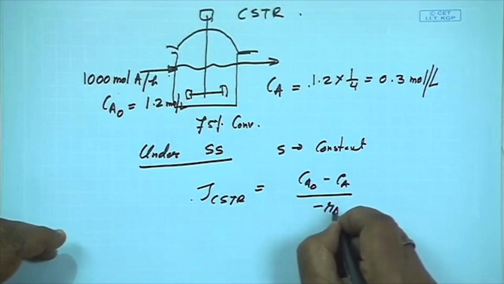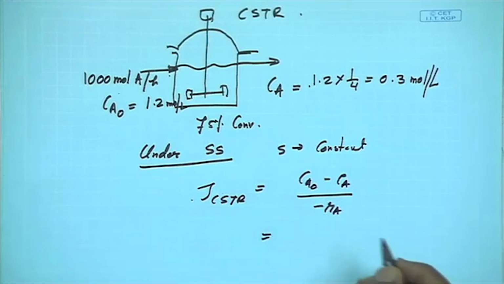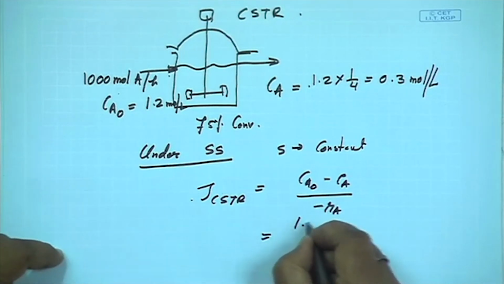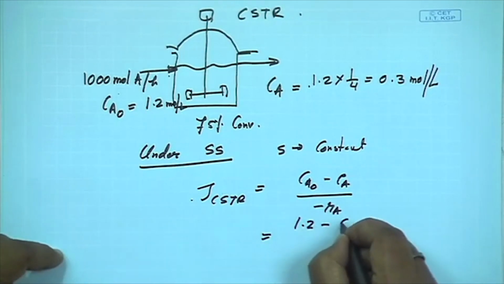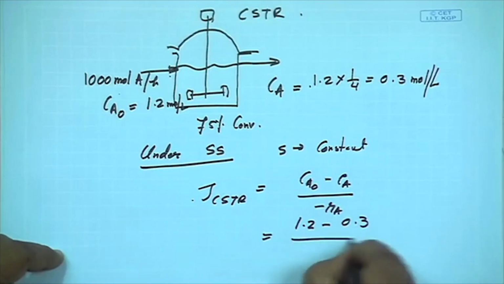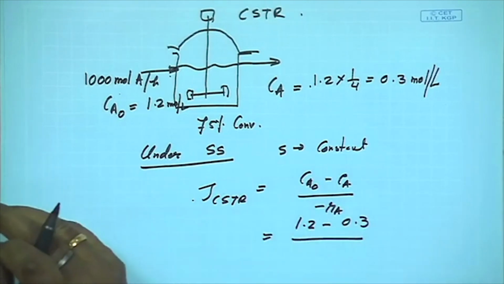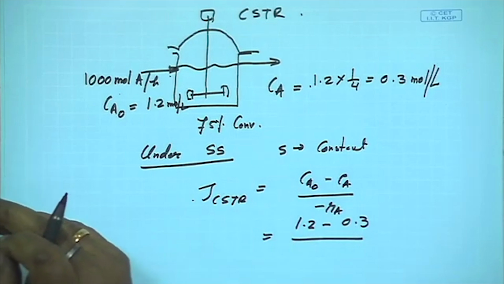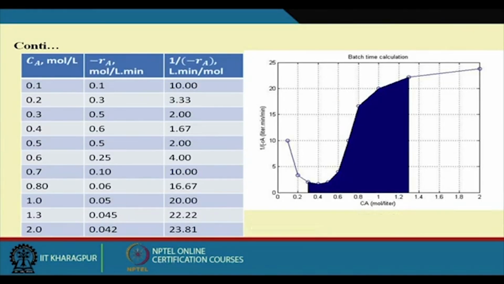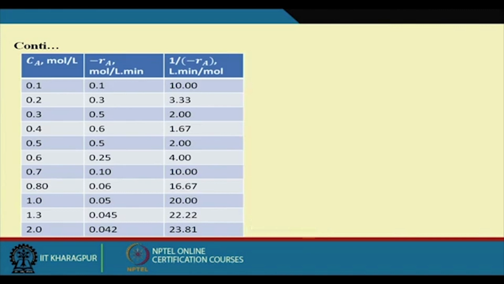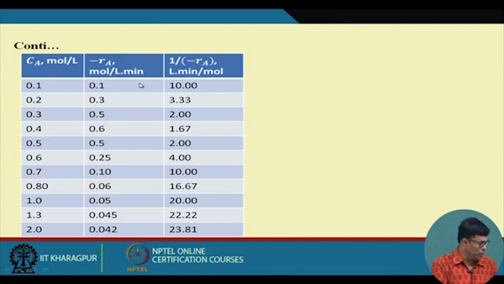Am I right? Now, what is Ca0? Ca0 is 1.2, and Ca is 0.3. At 0.3, if you look in the problem, you have the rate, which is 0.5 moles per liter per minute.